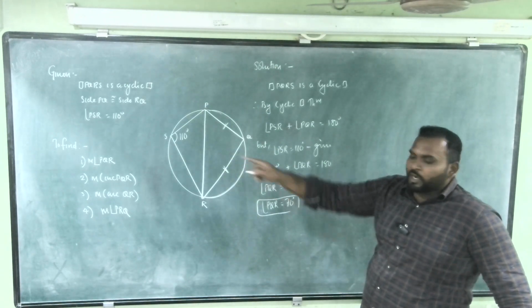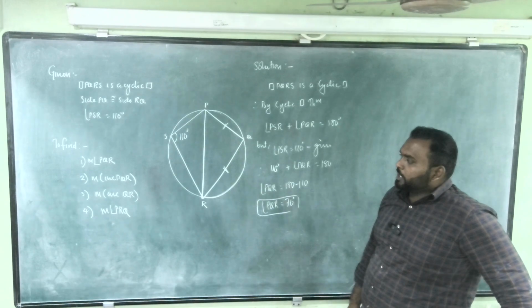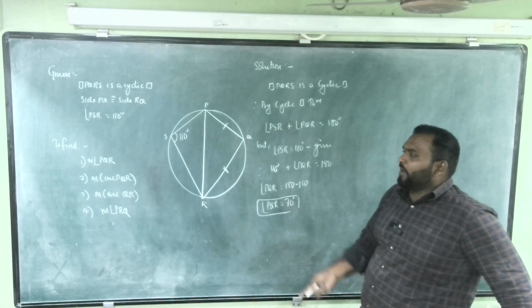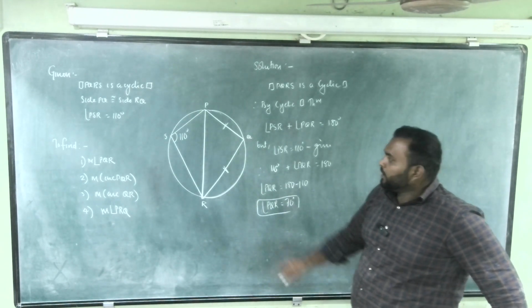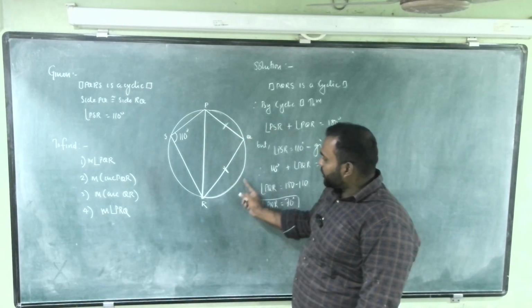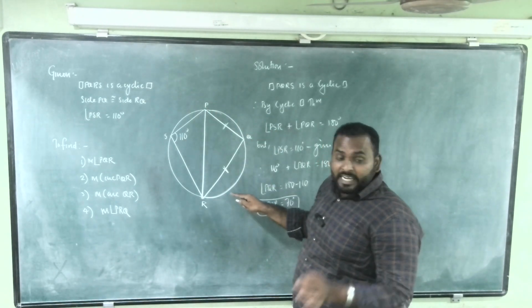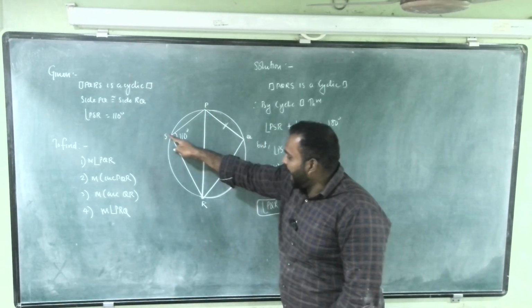अभी क्या करना है? First one you got. Now you need to find the measure of arc PQR. है ना? Now you got angle PQR, but you need to find this arc PQR. If you look at this arc PQR, it is the intercepted arc for inscribed angle PSR.